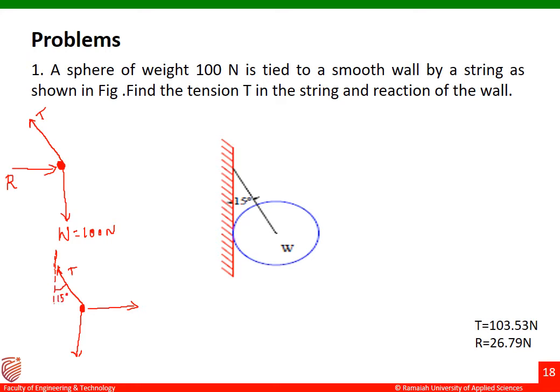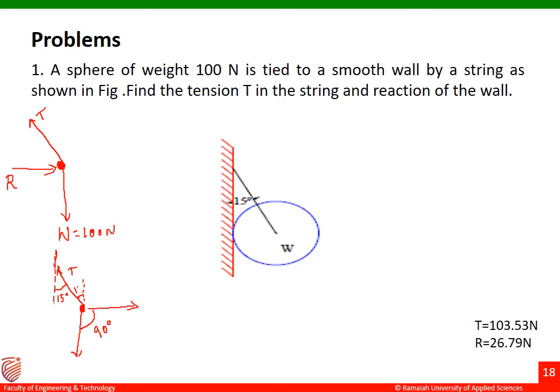What is the angle made by the string with respect to the wall? It is 15 degrees. In order to use Lami's theorem, we have to find out the angle between each pair of the three forces. The angle made by these two forces is 90 degrees. Suppose this is 15 degrees, what will be this angle over here?